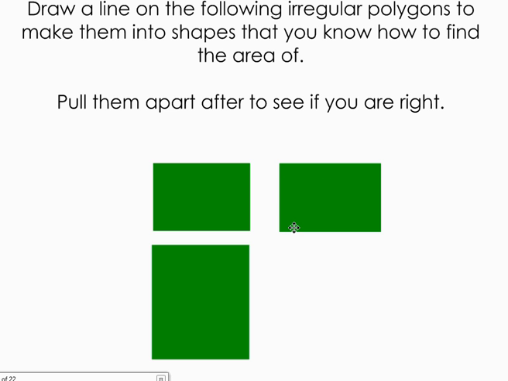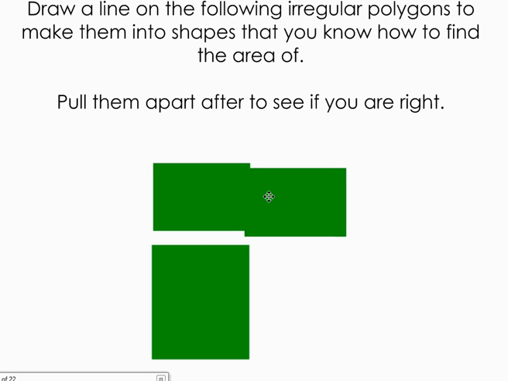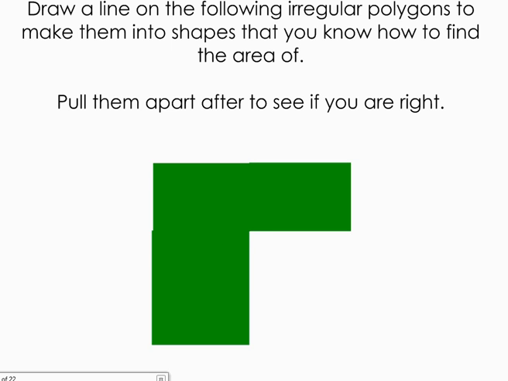Rectangles are regular shapes. They have 4 square corners, 2 sets of parallel sides. I can find the areas of this with length times width. I know that area, and if I found the area of these 3 shapes and added them together, I would find the area of my irregular shape.